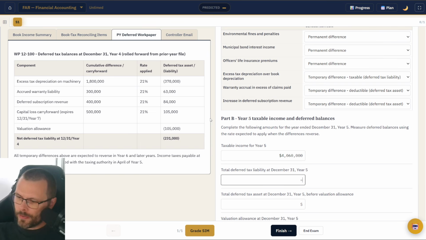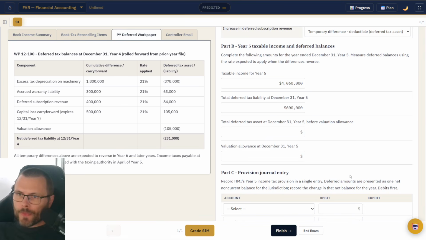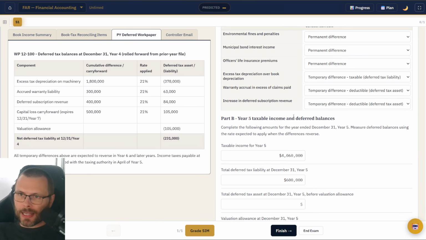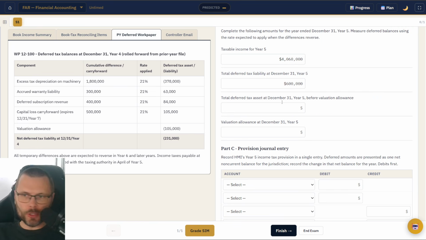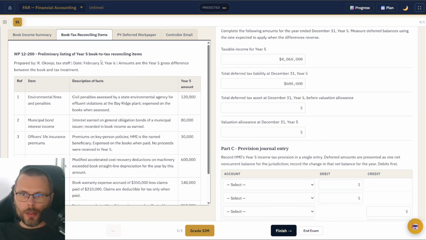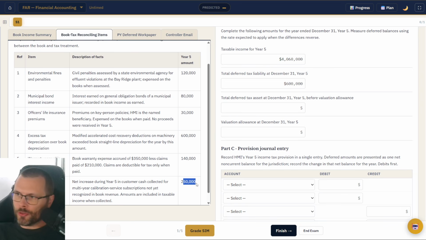So we've got 2.4 million times this year's rate, 25%, which is 600,000. The assets are the warranty and the deferred subscription revenue. We've got a starting balance of 300 for the warranty and 400 for deferred revenue, and this year's additions were 140 and 250.